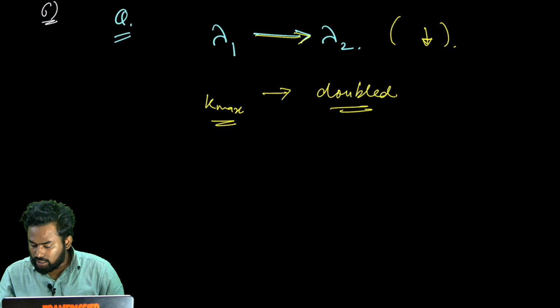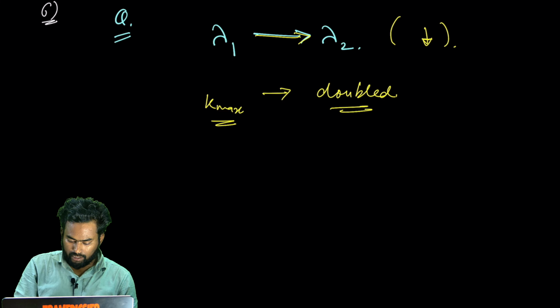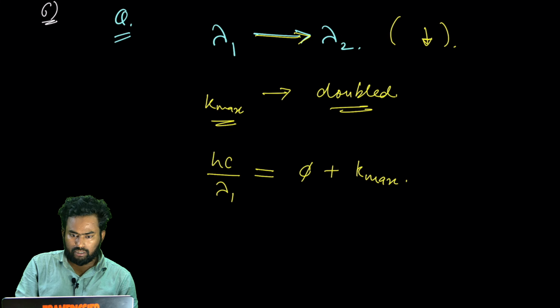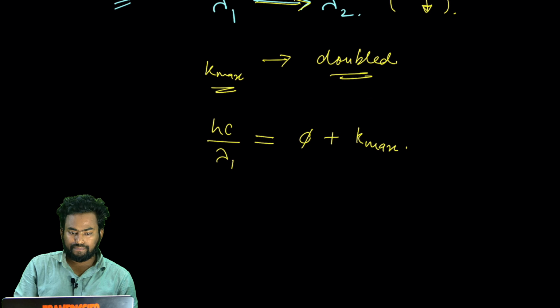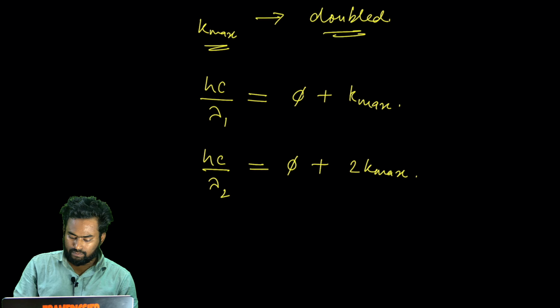The question they are asking is what is the work function of the metal. Now first you are using lambda 1, so hc by lambda 1 equals phi plus K max, equation number 1. Second, when you are using the second wavelength lambda 2, you will get phi plus 2 K max.